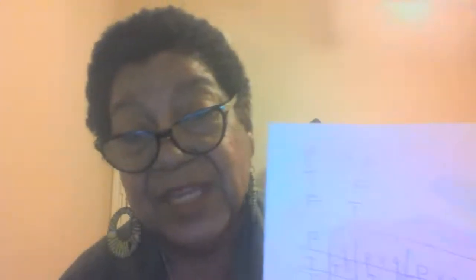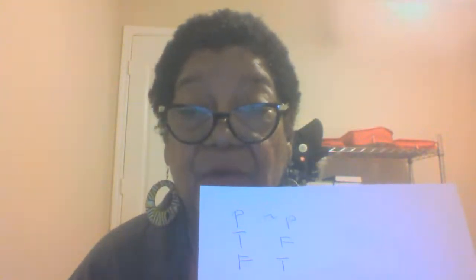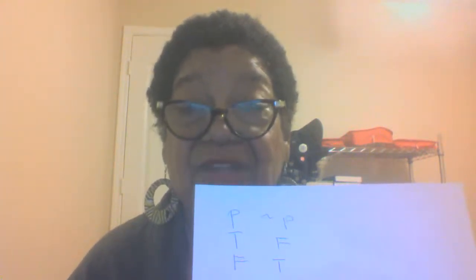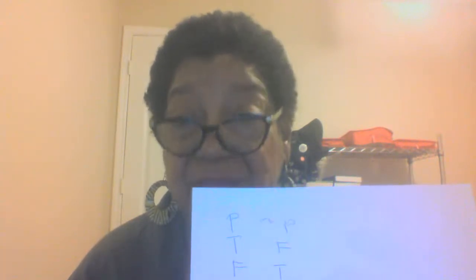The truth table at the top of the page, and I'm not sure you can view it, but I'm testing the system, would have two rows, a true row and a false row for P. And the negation table, not P, would have the opposite entries in it.